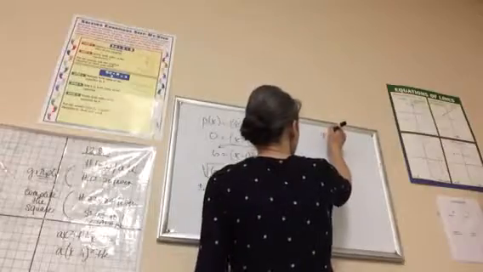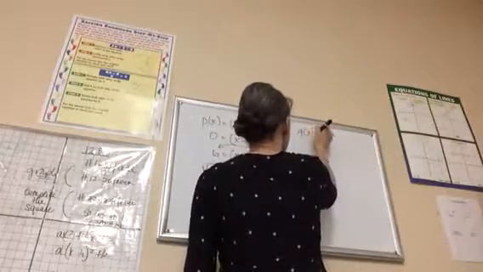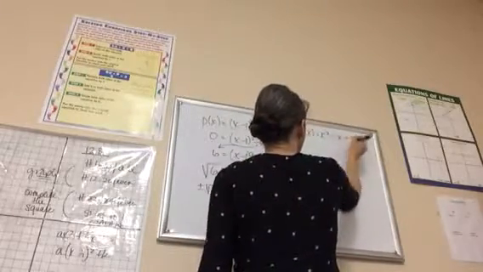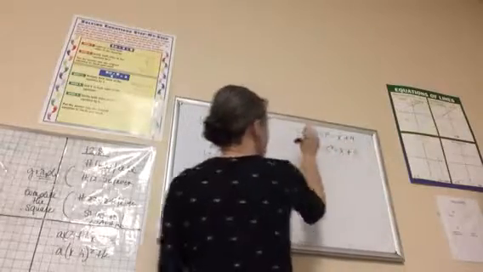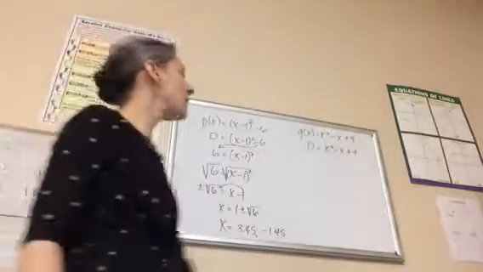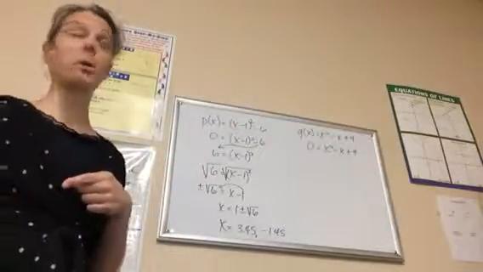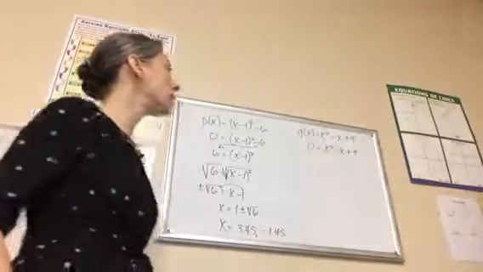Now this equation here, q of x, this function, is in standard form. Same thing, I put a 0 in x's place, and I now work the function. I can use quadratic formula if I have that programmed into my calculator, or I can try to factor or complete the square.